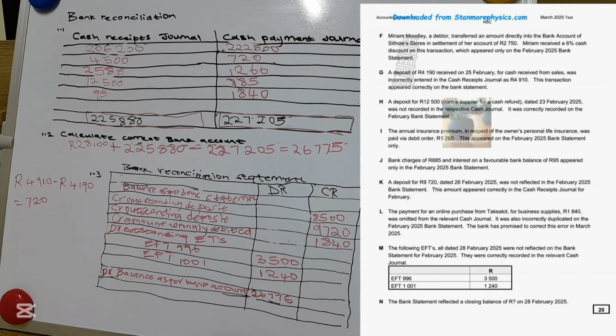Okay, I forgot adjustment number N. Number N says the bank statement reflected a closing balance of balancing figure 28 February 2025. Here we are not given an amount, so sometimes you might be given an amount, but now we are not given, meaning we have to calculate.